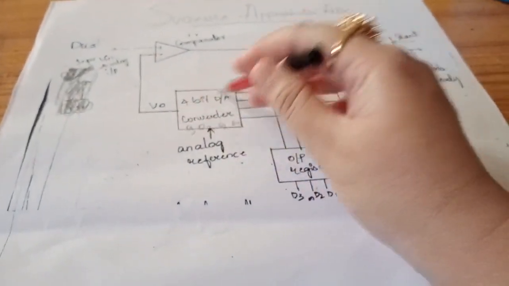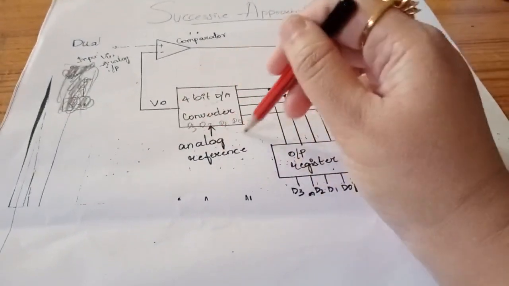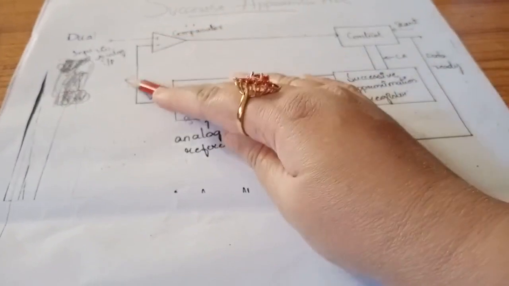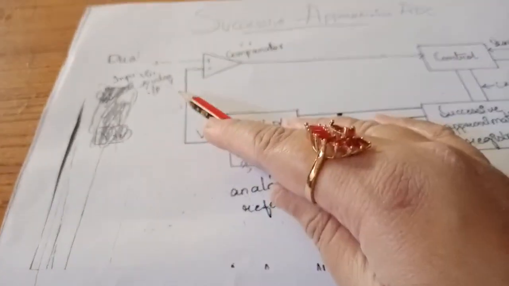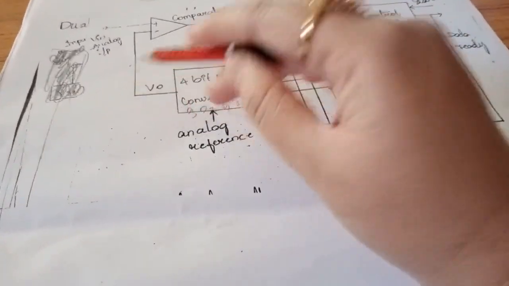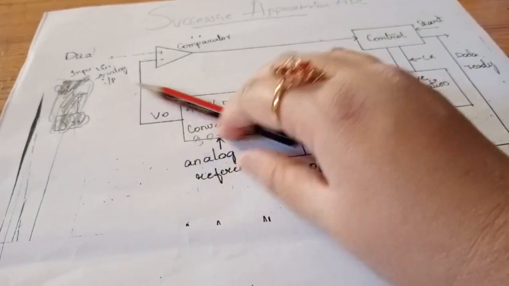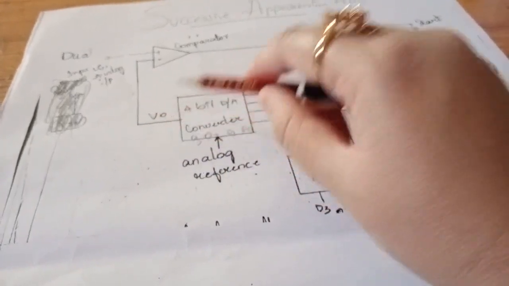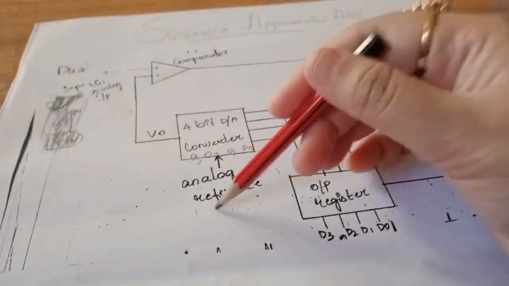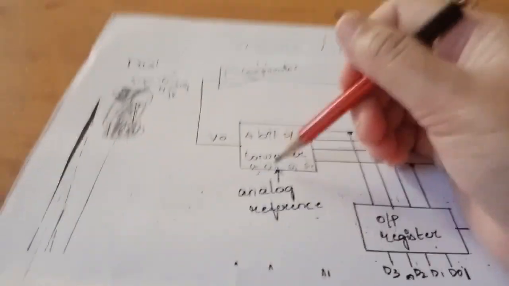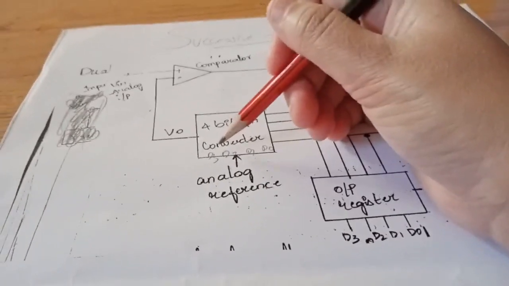It should first turn on the 111 bit and compare with the analog input. Then if it is matching, it will pass the signal. But if it is larger than this, so it should not match, it should not stay on, it should pass to the next bit.